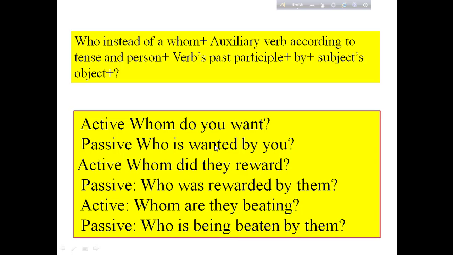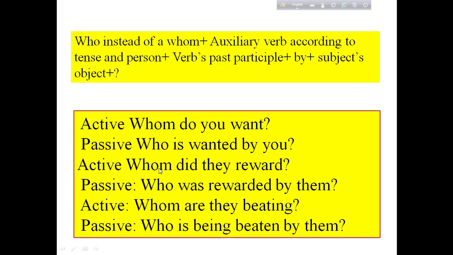Wanted is the past participle form of the verb want. Then you have to write the preposition by. And then subject, object. You know, the nominative and objective form of you are the same. And last of all, you have to put a question mark.